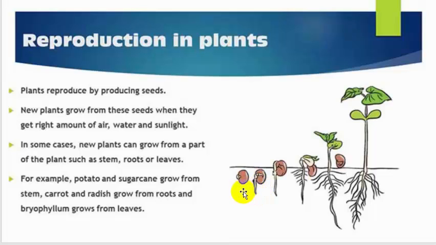In some cases, new plants can grow from a part of the plant such as stem, roots or leaves. For example, potato and sugarcane grow from stem. Carrot and radish grow from roots. A baby plant grows from the seed.